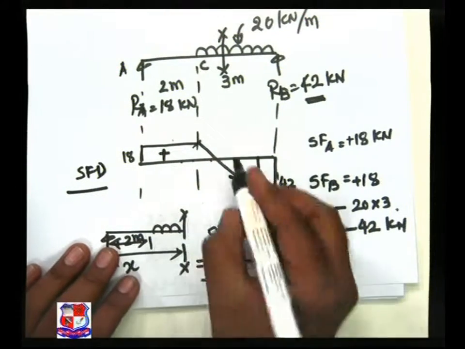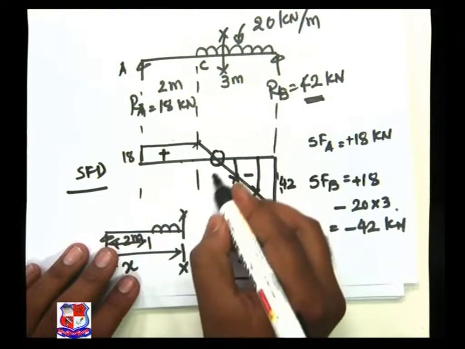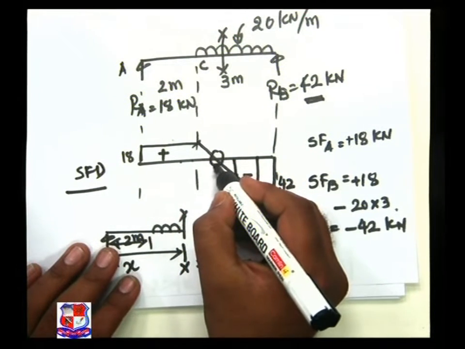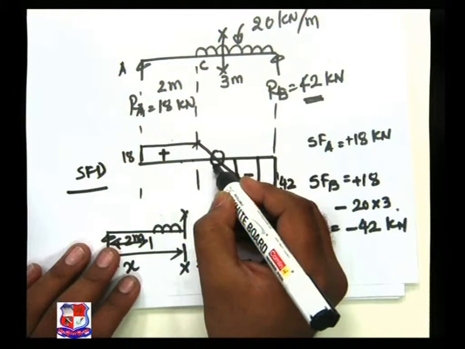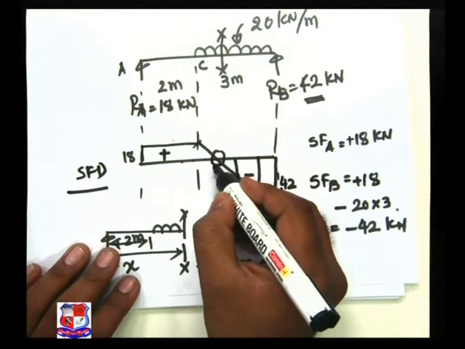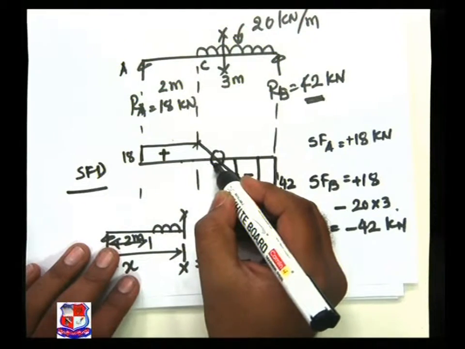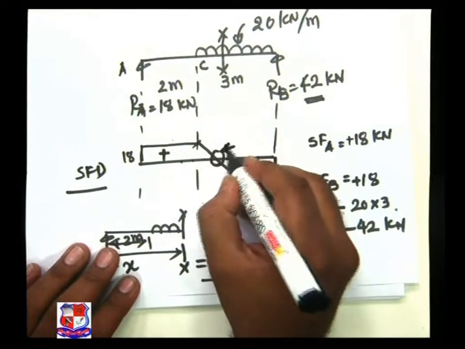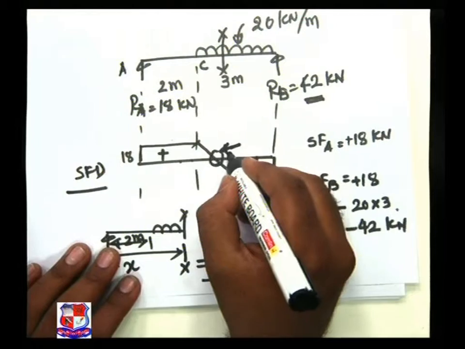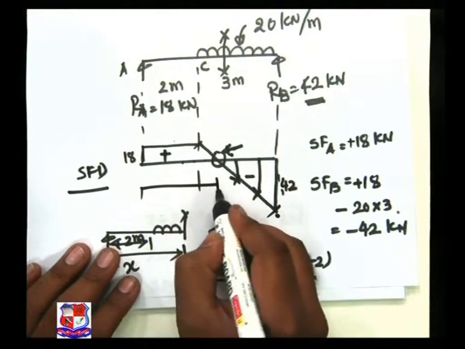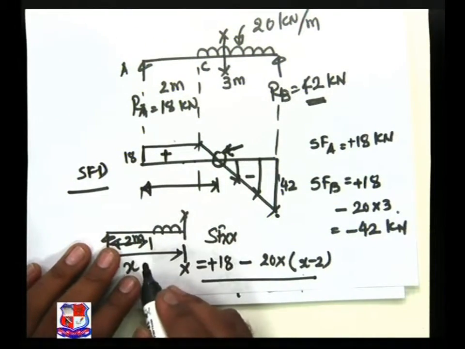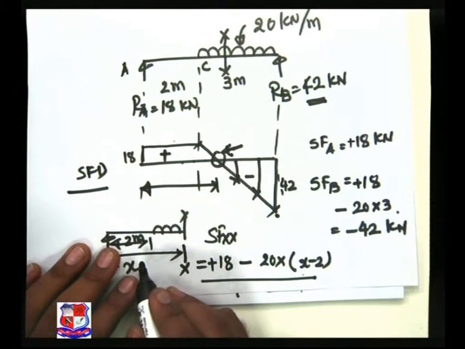Now this point is important for me, because at the point where the shear force is 0, we will be able to obtain the maximum bending moment. So this point is important for me, because I want to find out this distance. How to find out this distance?